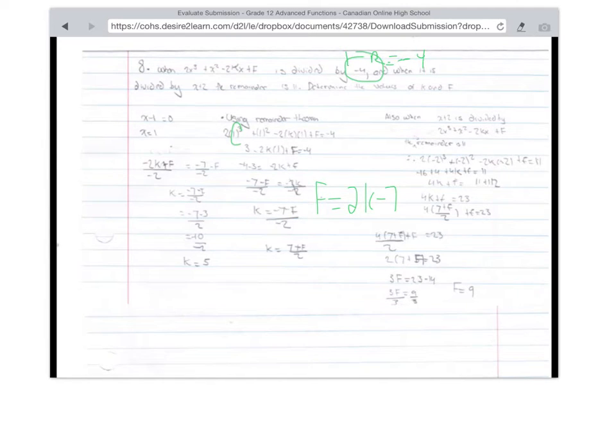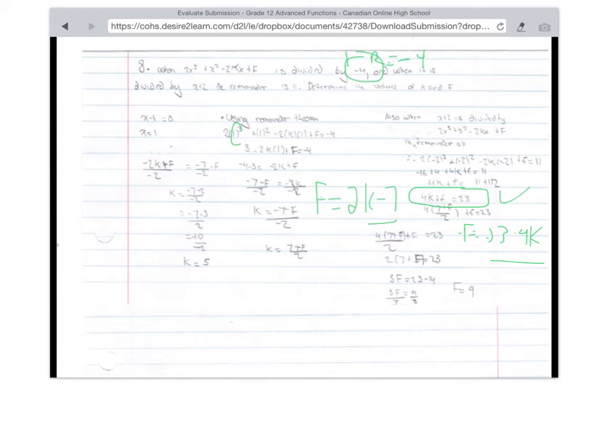Okay, so with the second part of it, 4k plus f equals 23, that's right. I was expecting it to... Okay, so I can see what you've done here. All right, so you've got the right line here in your solution. Everything is fine. Now when you try to solve for f, you could rearrange this as f equals 23 minus 4k, and then you could put this and this together and solve for k.